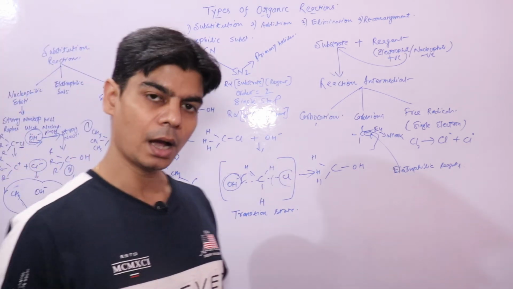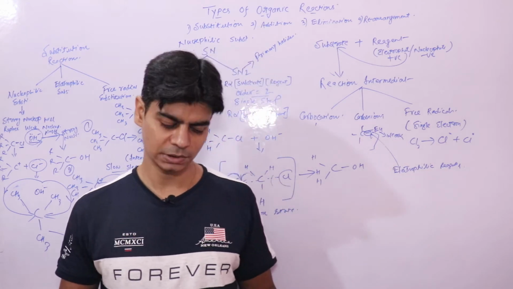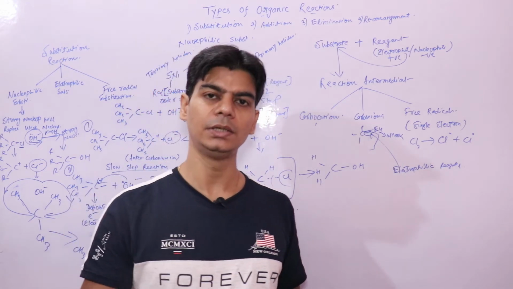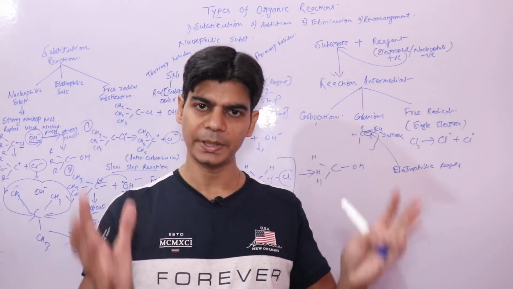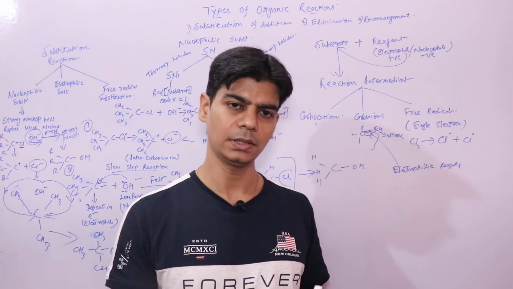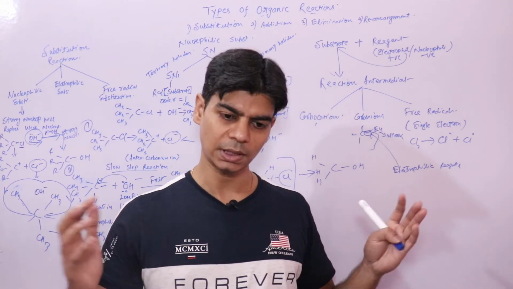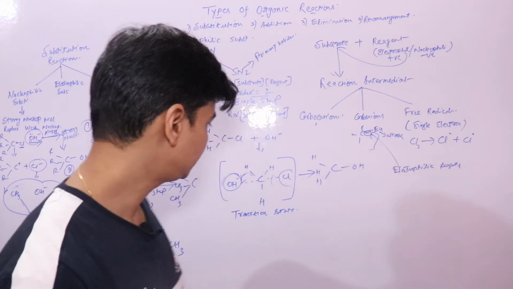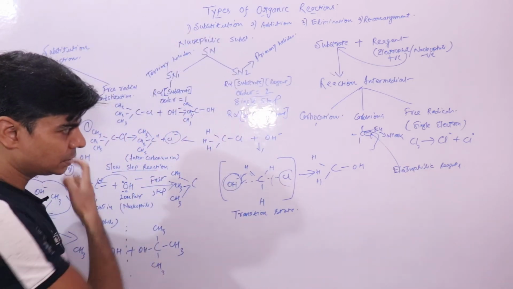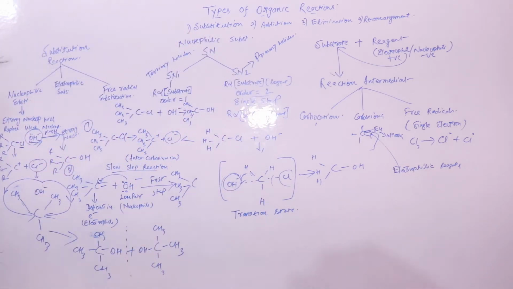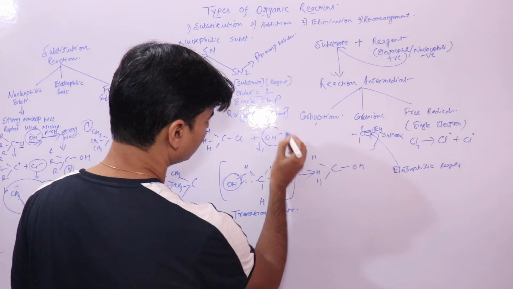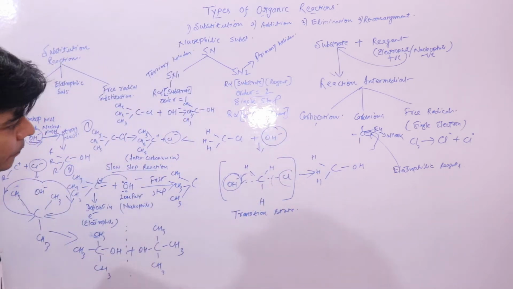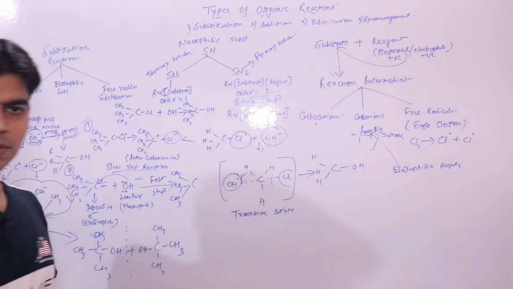Now let's quickly look into the stereochemistry of this reaction. When we say stereochemistry, how the attacking nucleophile would attack in space. Stereo means space, so how these attacks are taking place in 3 dimensions. Just look at one thing: this is negatively charged, and this is also negatively charged.